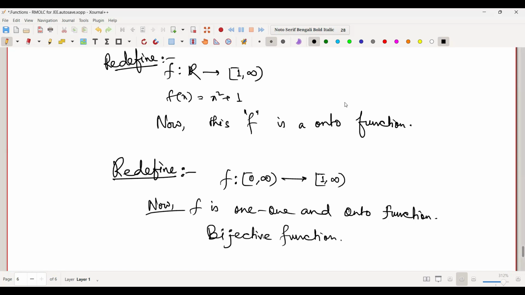Why is it 0 to infinity? Because for this expression x square, minus x whole square was also x square and plus x whole square was also x square. So we have taken only the plus x elements from the set of real numbers, and we can also take this.